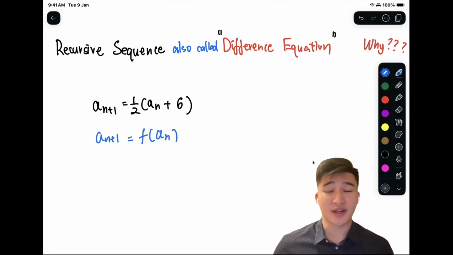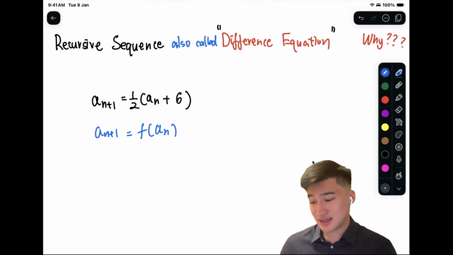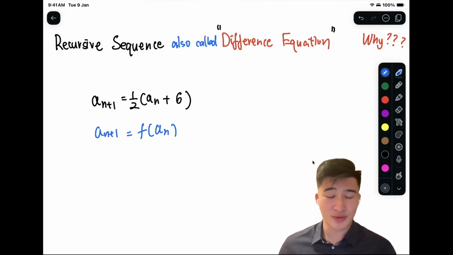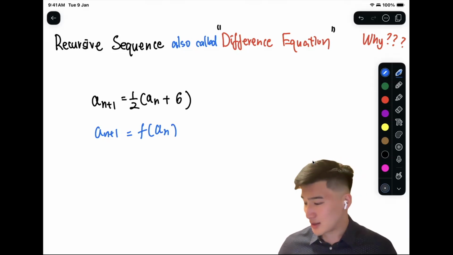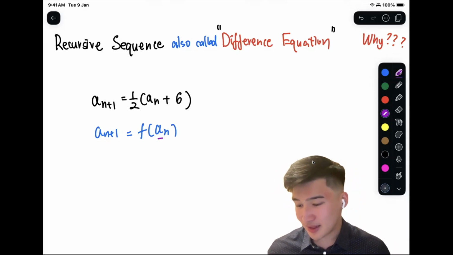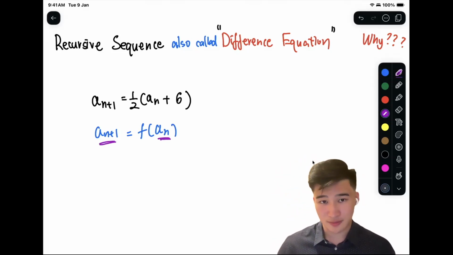Just like from my last video, when a pattern starts existing within a sequence, you can make it into a function. And as you can see here, 1/2 a(n) plus 6 is basically a function. It doesn't really change. So all we've got to do is input a(n), and then we'll get the value of a(n+1).